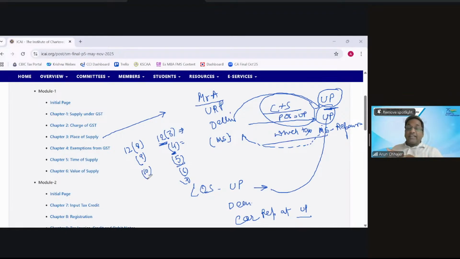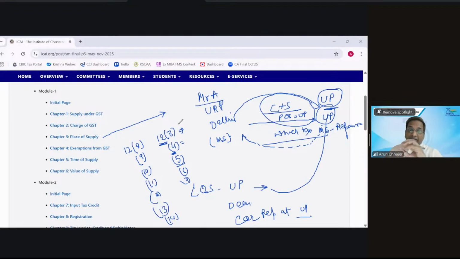12 subsection 10, service on board a conveyance. Is it my service? No. 12 subsection 11, telecommunication service. Is it falling? No. 12 subsection 12 is banking company. No. 12 subsection 13 is insurance related. And last is advertisement service given to the government.